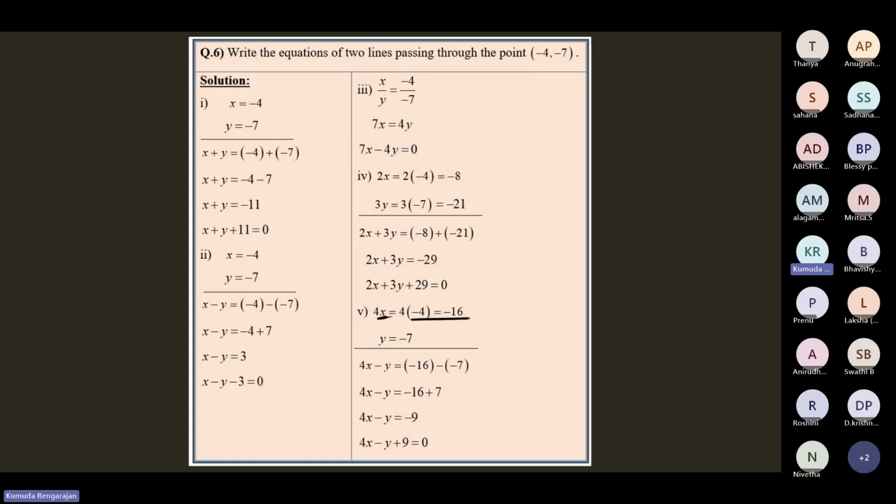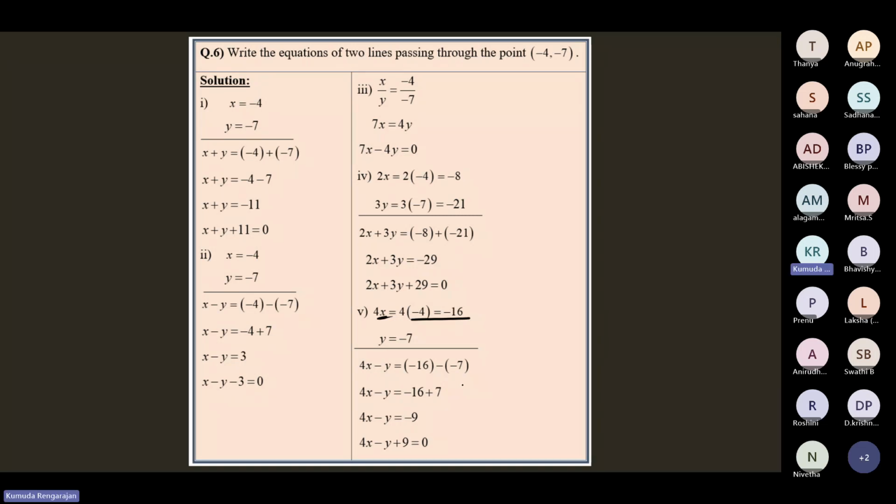I found 4x. I've just written y. And I want to subtract 4x minus y. So that means -16 minus -7, which is -9.